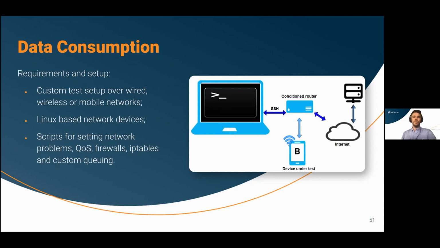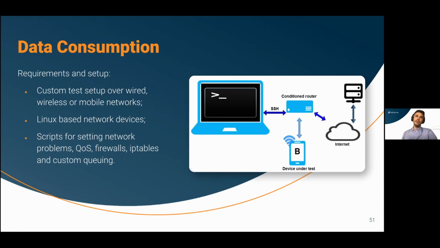We can use firewalls, IP tables, queues, and QoS, so that all can be applied. Then we can see how much data this device consumes and compare it with a baseline and different experiments like that. Also, wireless is not the only interface; we can do it with wired, wireless, or mobile network.